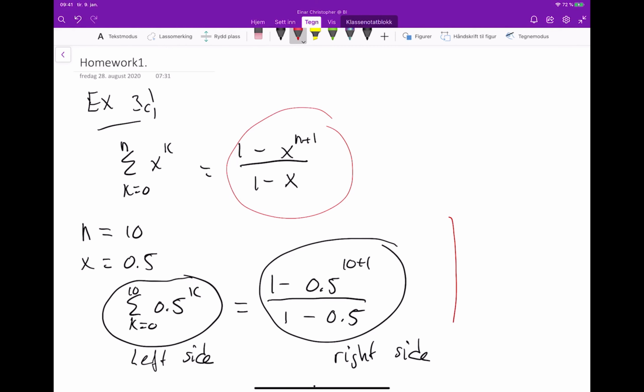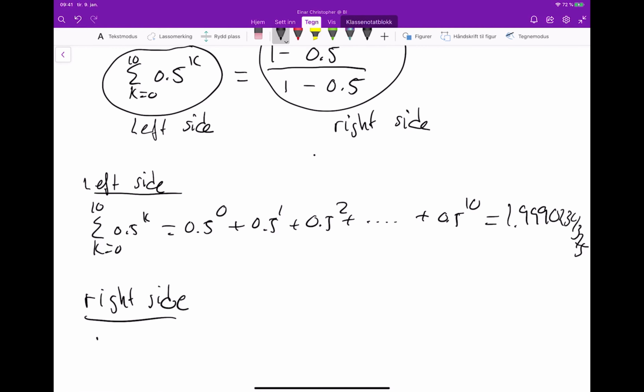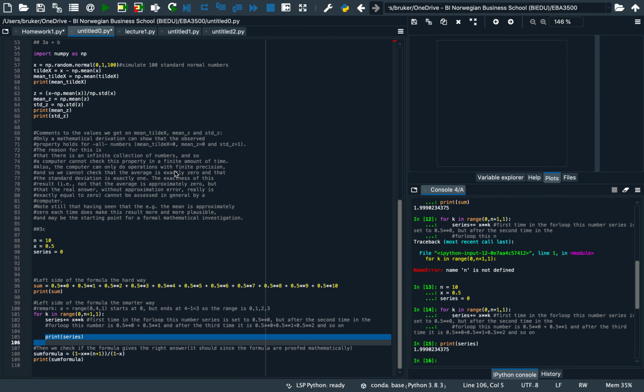So let's calculate it: 1 minus 0.5 to the power of 10 plus 1, divided by 1 minus 0.5. And this should then be exactly the same as the left side, but it is pretty easy to write in Python.